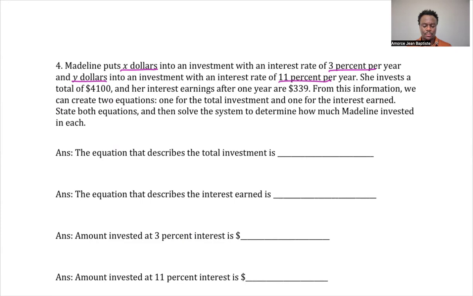She invests a total of $4,100, and her interest earnings after 1 year is $339. Obviously, this problem is quite similar to the one we did previously. From this information, we can create two equations.